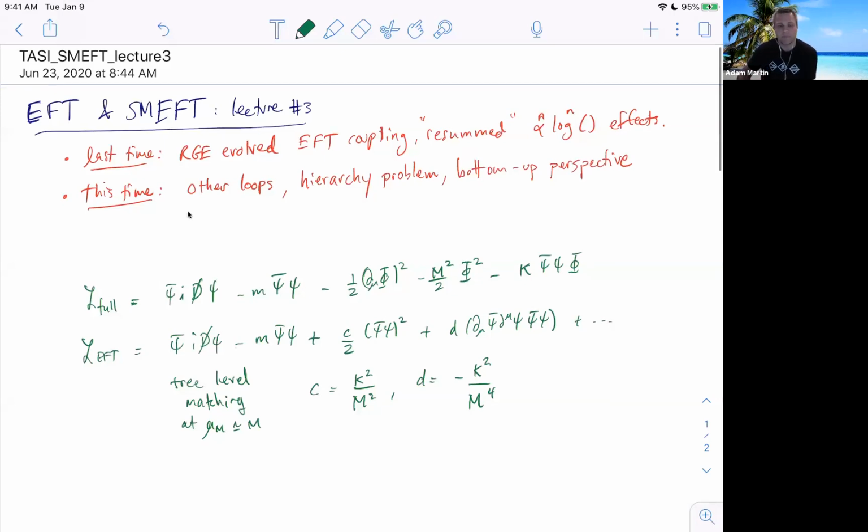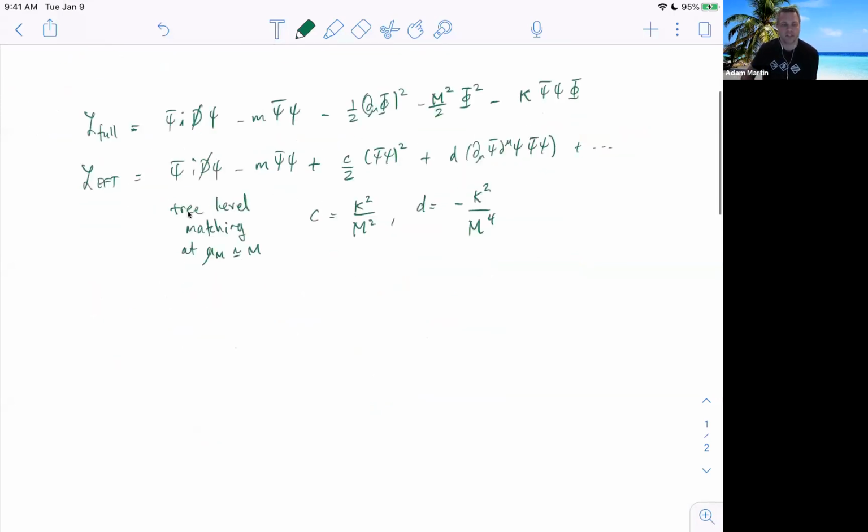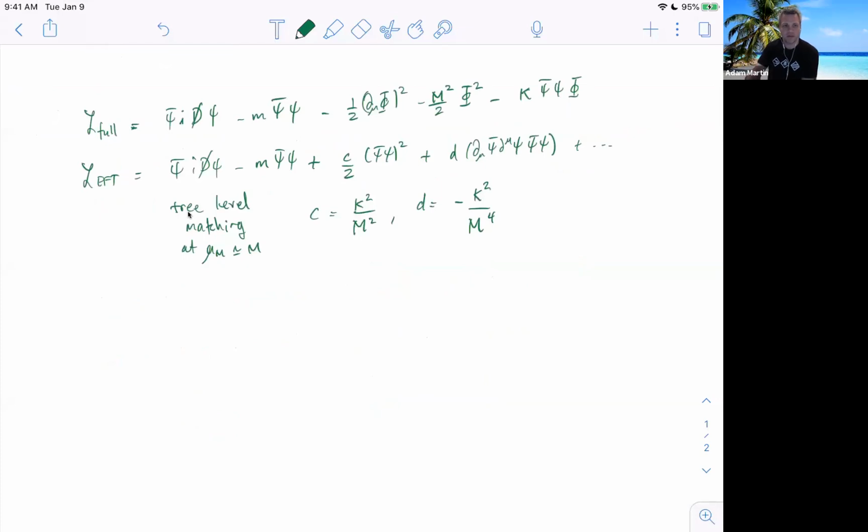Yeah, and fire away. Just a reminder, we're still doing top-down EFT. I had a theory, I matched it, and I'm now worrying about how I do that matching and the benefits of working just in the EFT. So we've got our full theory: our light fermion, the light field, a heavy scalar, and a poorly chosen coupling between them, kappa, especially if you're going to use loop momentum K. I will try to be neater with handwriting about that.